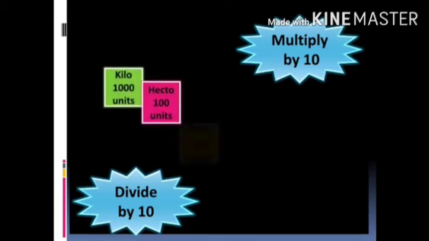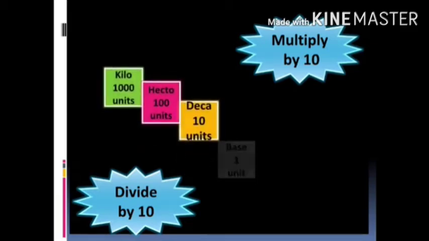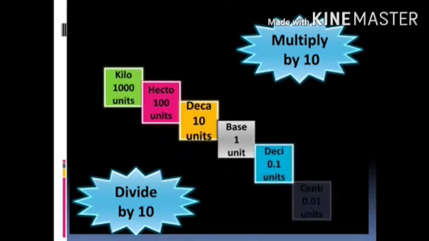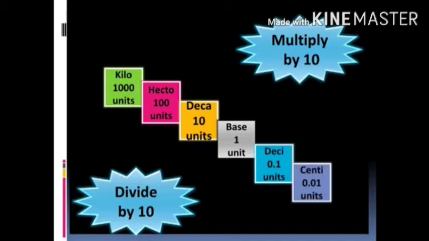Units of length in metric system. Kilo 1000 units, hecto 100 units, deca 10 units, base 1 unit, deci 0.1 units, centi 0.01 units, milli 0.001 units.